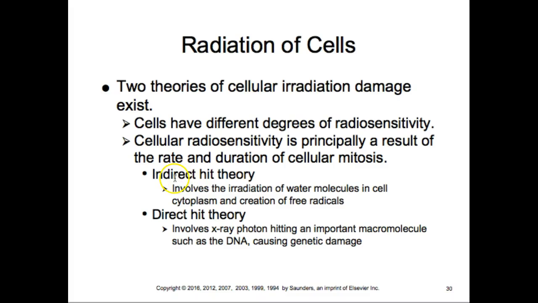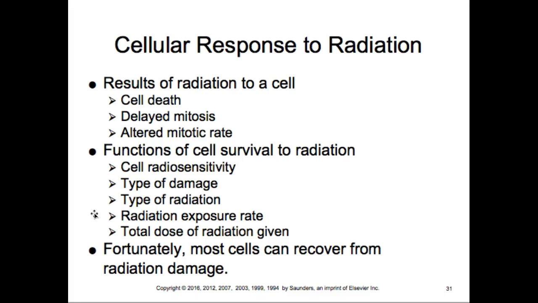The indirect theory involves the irradiation of water, which is 80% of our bodies, right, or the cell. And so irradiation of water molecules in the cell cytoplasm creates free radicals. Those free radicals cause damage to the cell and cell death or changes within the cell.